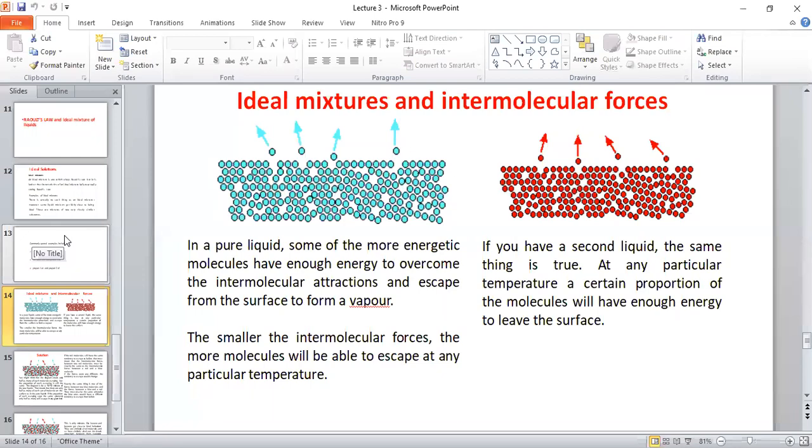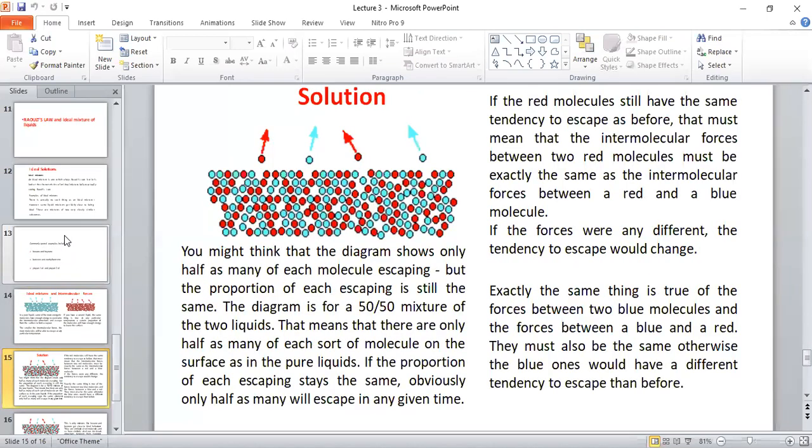So let's go and see the situation. What happens when the solutions are mixed? When the two liquids are mixed to form this solution, this is what happens. You still see 4 molecules escaping.